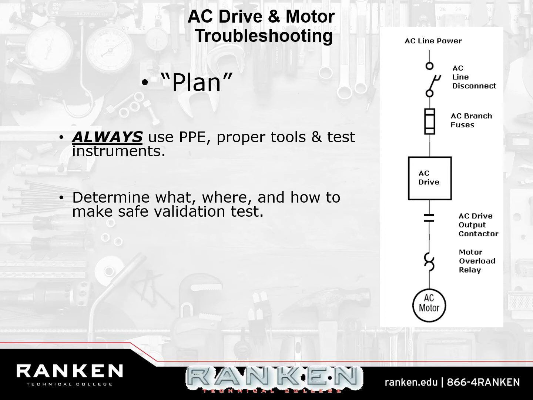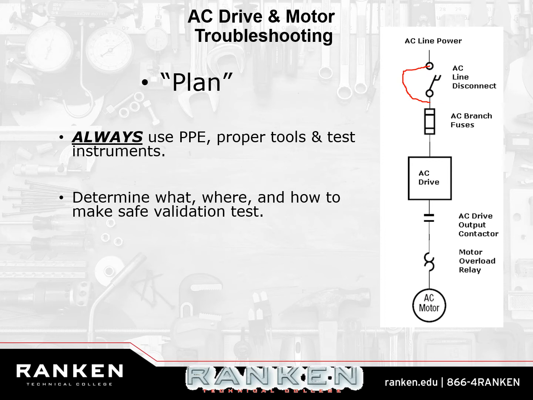Determine what, where, and how to make safe validation tests. So this kind of goes along with the things we've talked about before, open and closed, right? Open and closed, open and closed. If I measure across this disconnect with the arm closed, I should see 0 volts.